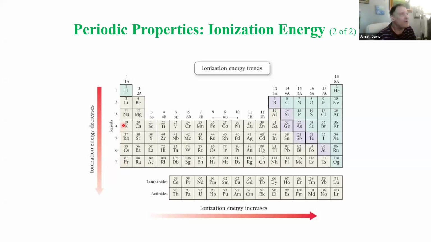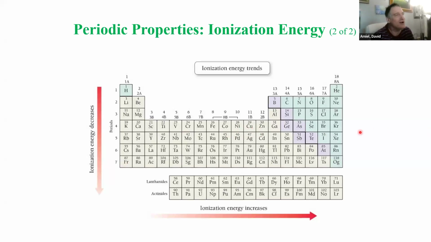Excuse me, I had that backwards. The less energy, it is less bound if it's farther away from the nucleus, although it is higher in energy. So francium has a very low ionization energy because the electron is so far away from the nucleus, easier to remove. As you move from left to right, ionization energy increases.